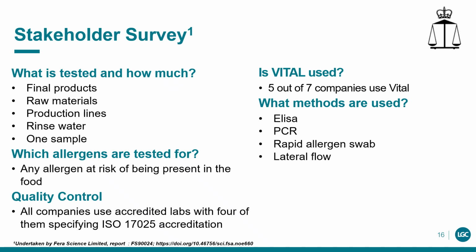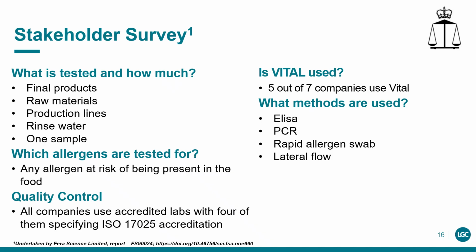All 7 companies only test for the allergens that pose a known risk of contamination, which would indicate that many companies only routinely test for approximately 4 of the primary allergens. All 7 of these surveyed companies only use accredited testing labs, with 4 of them additionally specifying a requirement for ISO 17025 accreditation.